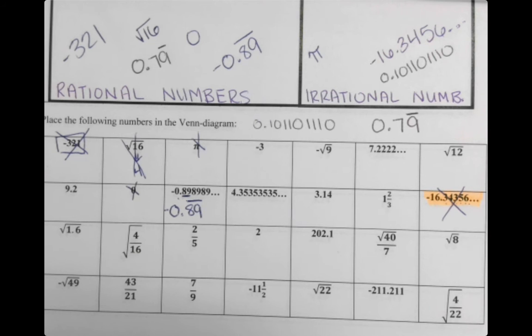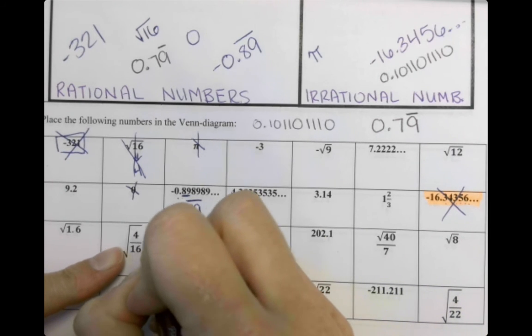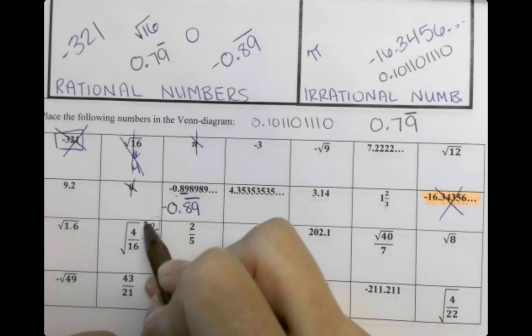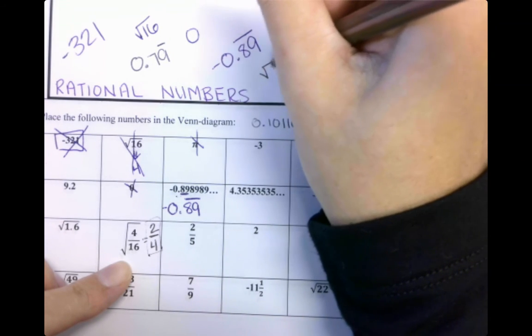Okay? Something else that you will see is something like this. So the square root of 16, we've already talked about that. That's 4. What's the square root of 4? 2. So because this is a plain old fraction and these were perfect squares, this actually would go in our rational numbers.